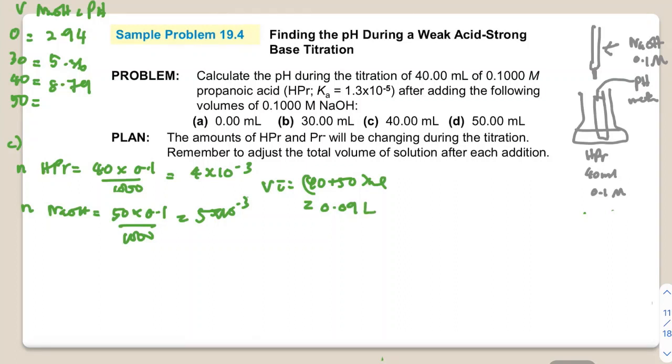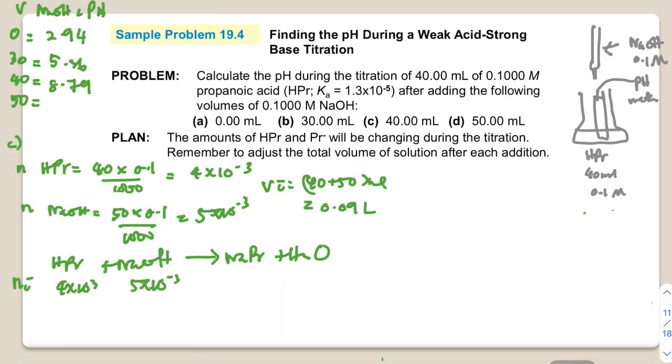Okay, construct the reaction table. It is a reaction between HBr plus NaOH turning to NaBr plus H2O. So n initial HBr is 4 times 10 negative 3. Sodium hydroxide added is 5 times 10 negative 3.